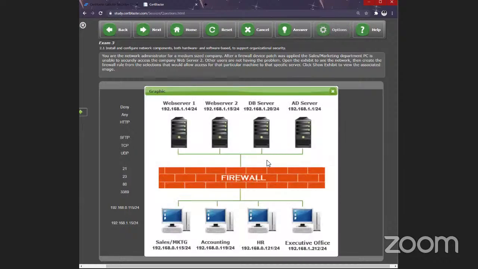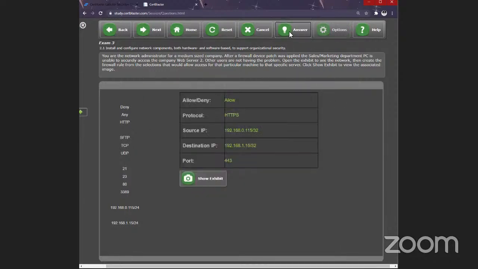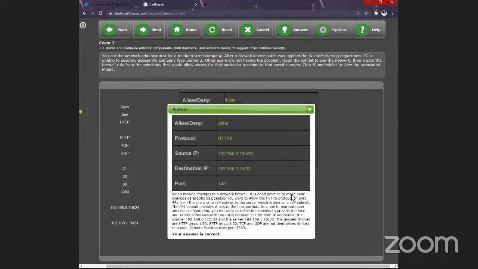Is there a video you posted on YouTube? Because the source and destination IPs, that's where I'm foggy with my knowledge. The CIDR notation? Yeah. Don't stress too much about it.